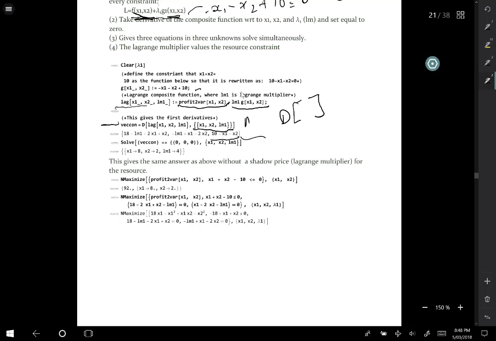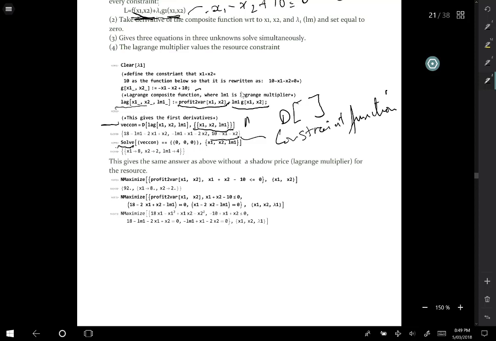And actually this one with respect to the Lagrange multiplier is just your constraint function, so it's telling you absolutely nothing that you don't know. And then we use the solve command. We've got a list of three equations here. We set them all equal to 0.